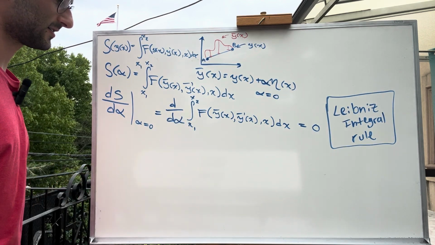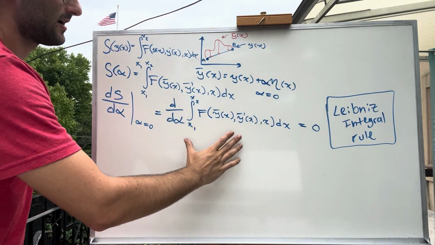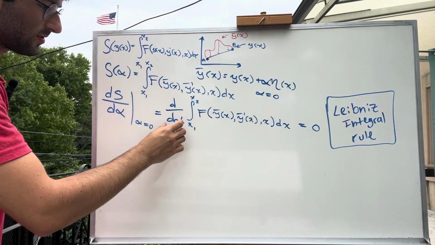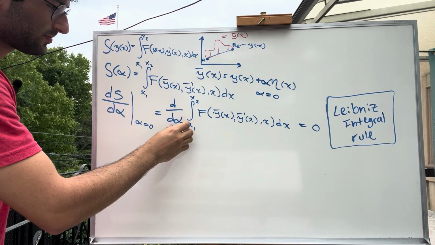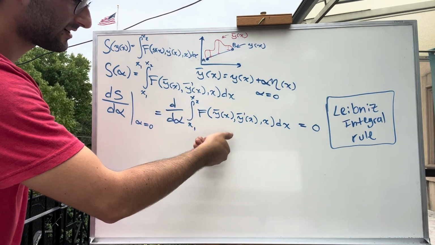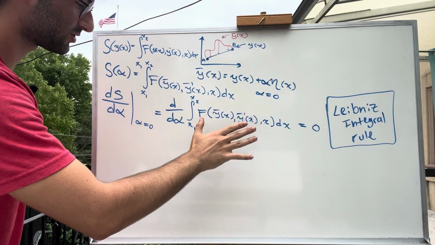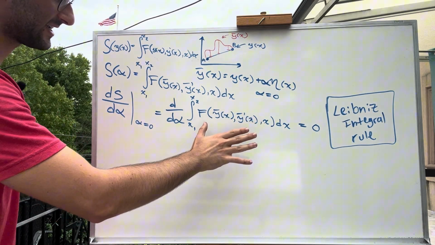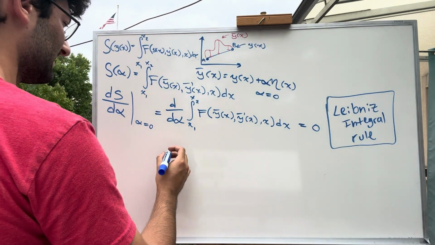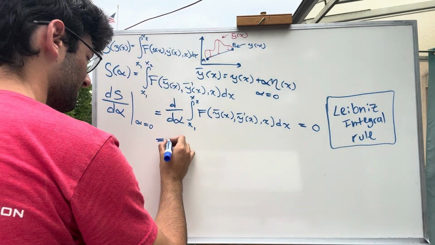They are indeed constants. We can say this is equivalent to taking the derivative, putting it into the integrand, converting it into the partial derivative with respect to alpha of this function, setting it equal to 0.